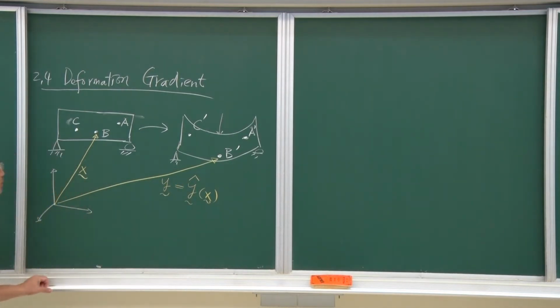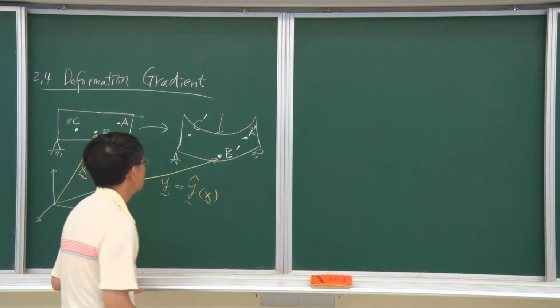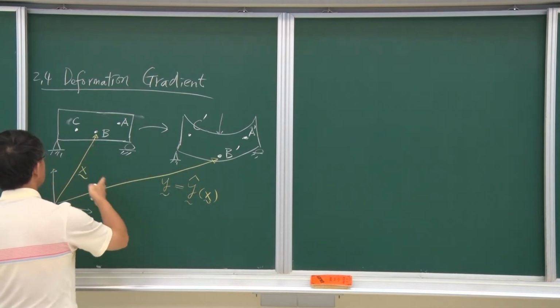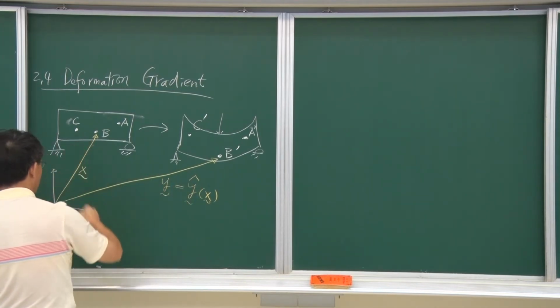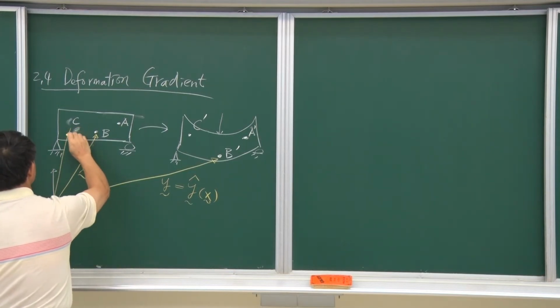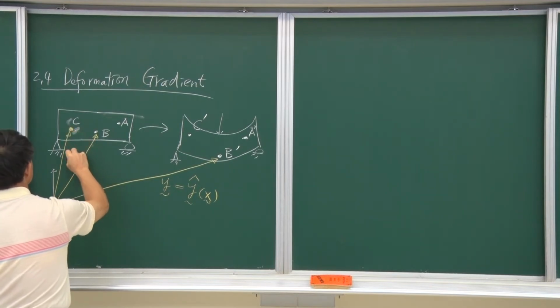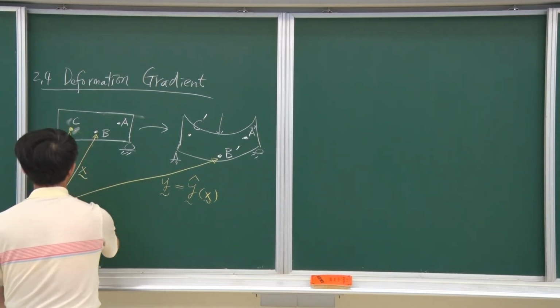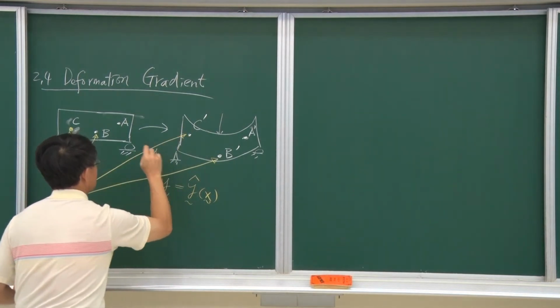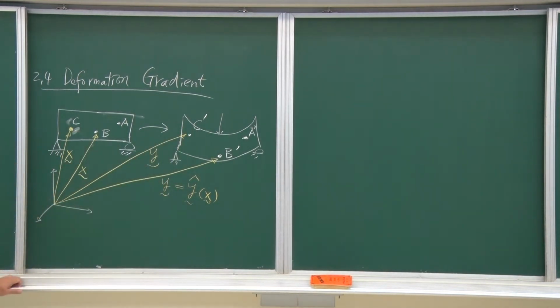Okay, and then we can see this point we have one y, one x, and this point we have another x, another y, right? We have a lot of y and a lot of x.